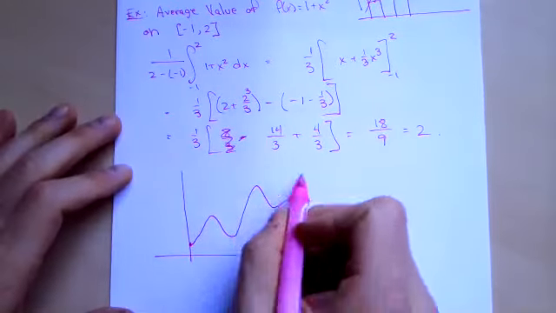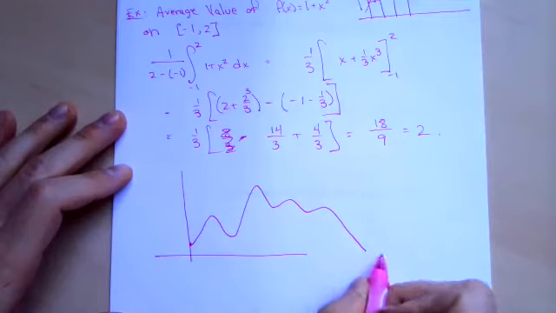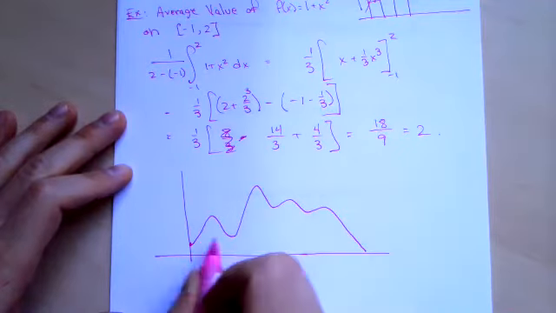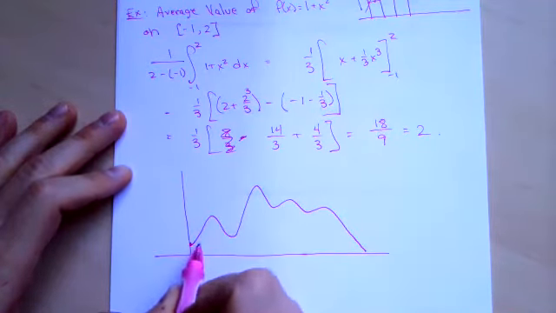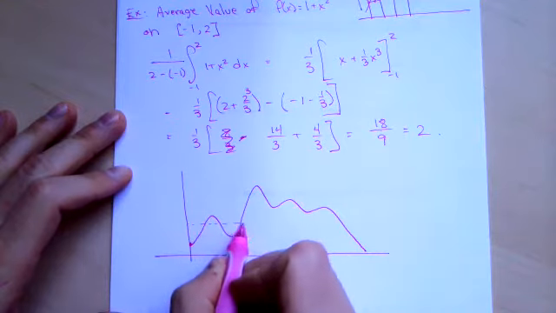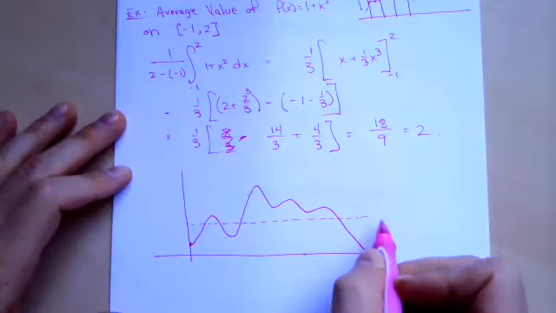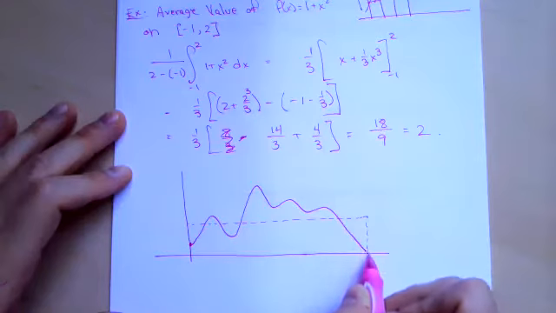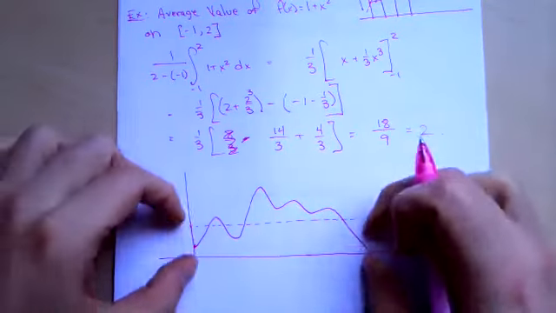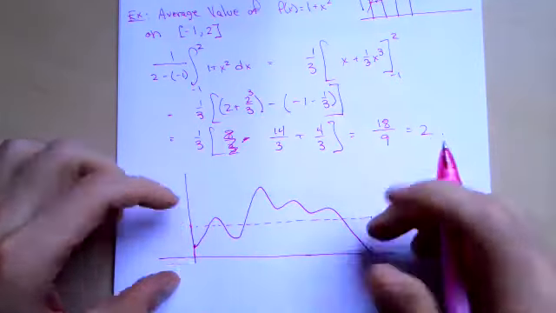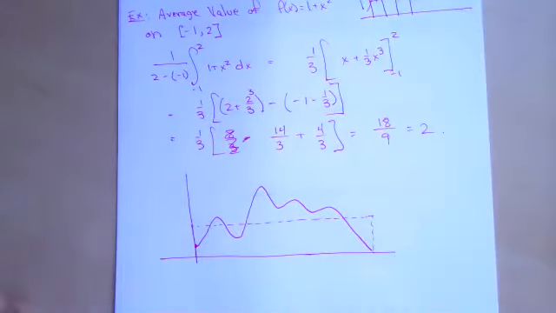That's going to be the average value. So essentially what it gives us is some sort of average line where the area under this rectangle is the same as the total area under the curve. It's a geometric way you can think about it.